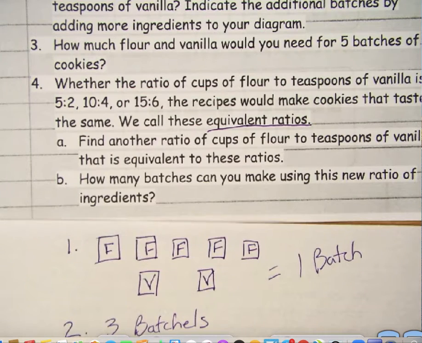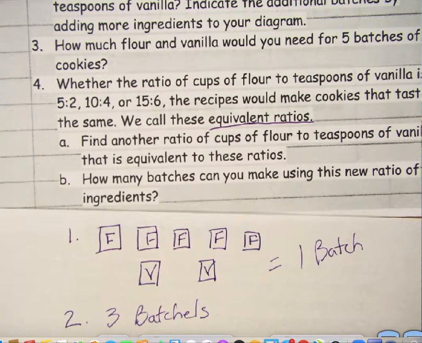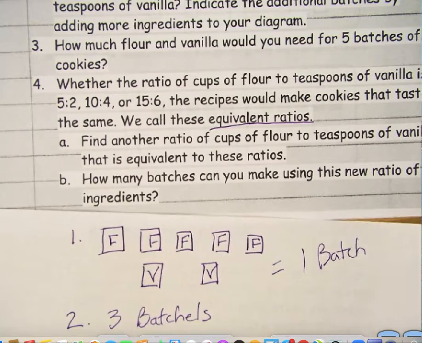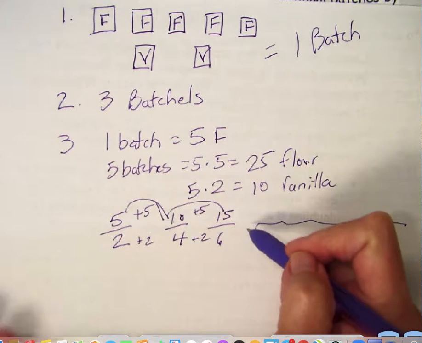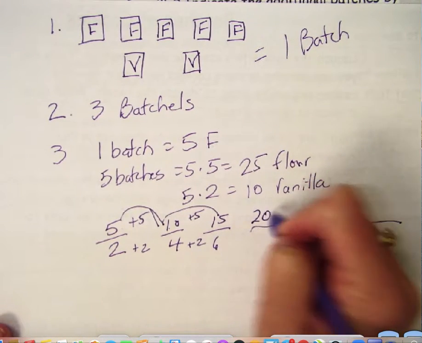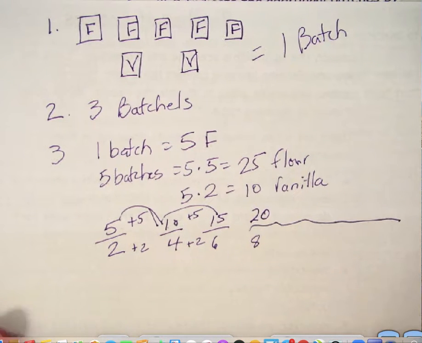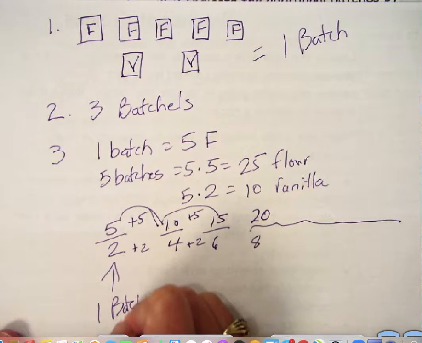Okay? All right, so find another ratio of cups of flour to teaspoons of vanilla that is equivalent. Okay, so do we want to just go to the next logical one? This is going to be 20, and this is going to be 8. So this is 1 batch.